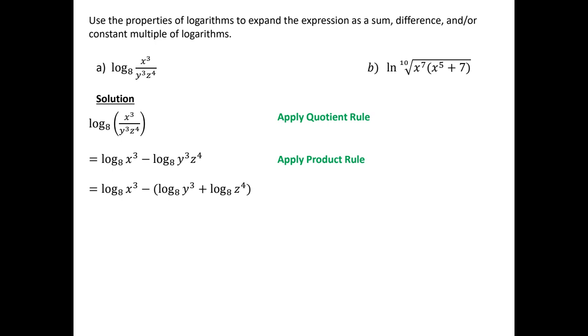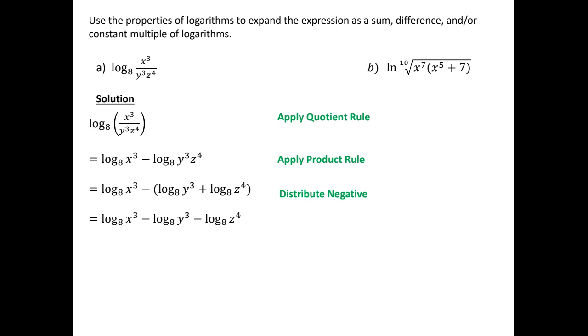Okay, now I can apply my power rule, or let's simplify some more again. I'm going to go ahead before I apply my power rule. Again, the order doesn't matter, but I'm just following this order that's given to me. I'm going to distribute the negative, okay? Negative times the log of base 8 of y cubed is negative log of base 8 of y cubed, and negative times a positive is a negative.